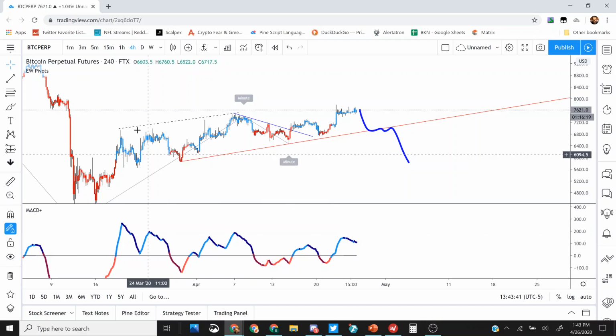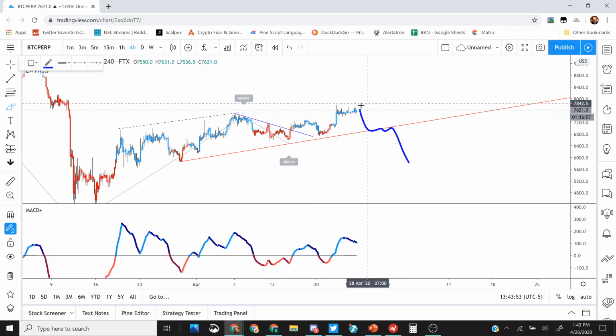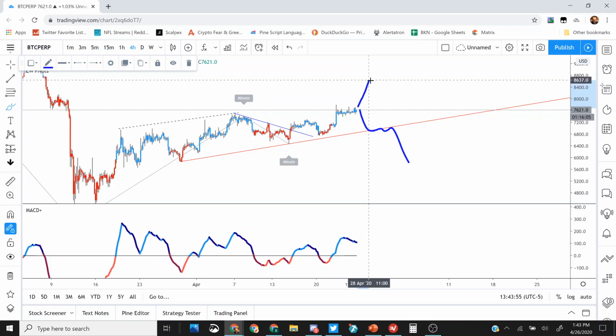So technically we are forming divergences here, but because this was a corrective piece, I expect that. And then often the impulse out will break the divergence. Right now, it looks like we continue up, and then we come down.